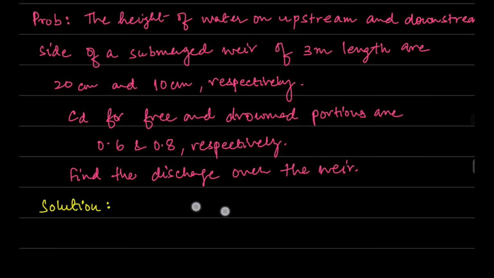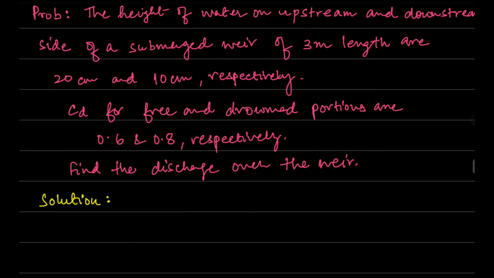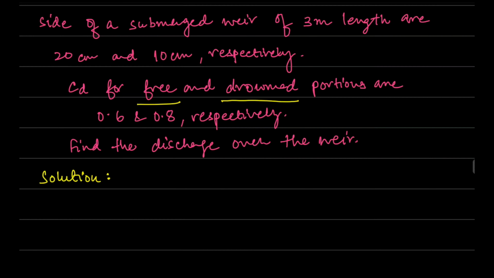So here we need to take care that the CD value for the free as well as the drowned portion are different. So that's why we will use this discharge equation in two sections. For such kind of problem, first of all we'll figure out what values are given to us. So the height of water on the upstream side is given to us, H is equal to 20 centimeter.